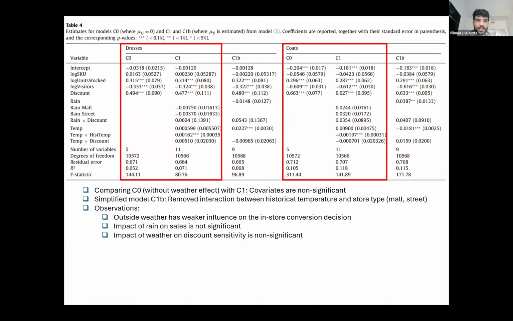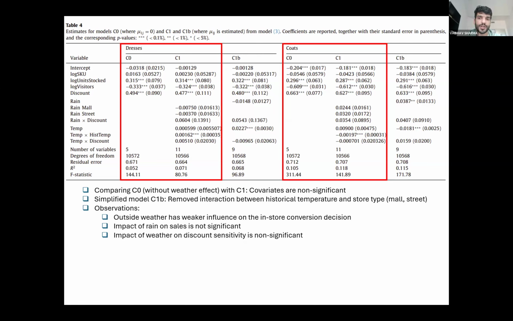And they simplified the model C1 into C1b because the weather coefficients weren't very significant. If you look at the two C1b columns for dress and coats, you will notice that rain is not very significant when it comes to impacting the sales, whereas the temperature is very significant, which is in line with hypothesis 3.